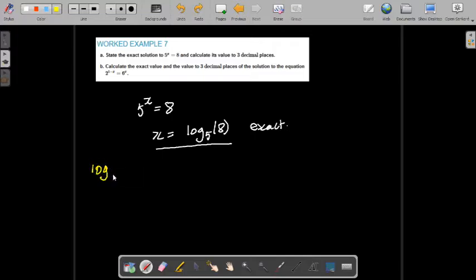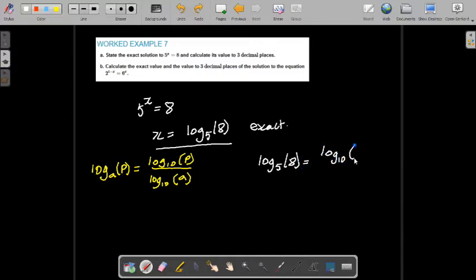So if you remember, log A of P is the same as log 10 of P divided by log 10 of A. So in this case, we've got log base 5 of 8. So that's going to be the same as log base 10 of 8, because P is going to be the number inside the logarithm.